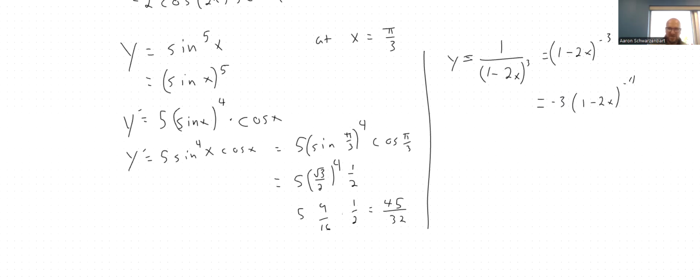What do I still need to do? Multiply by the derivative of the inside. So I get 6. Why is this always going to be positive? It's the power of 4. Anything to the fourth is positive.